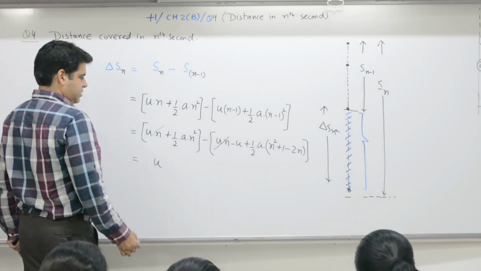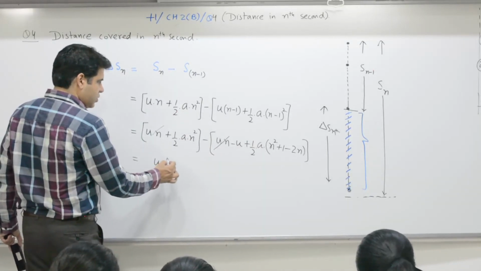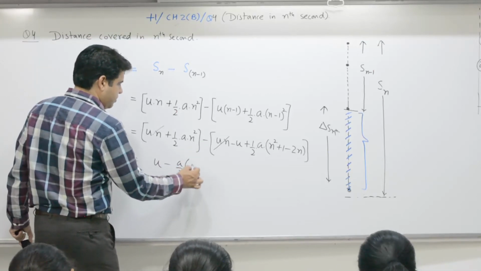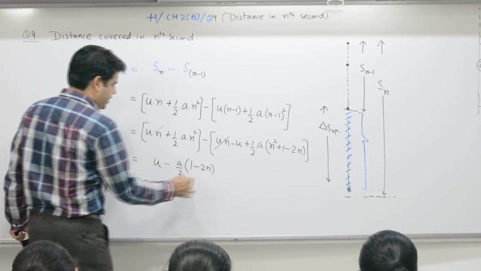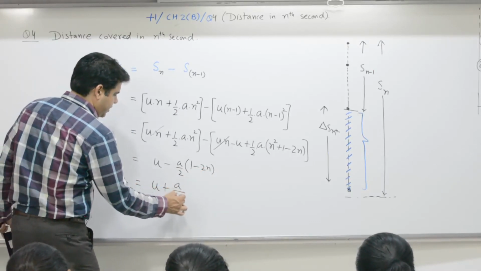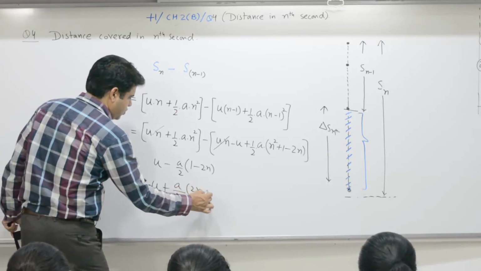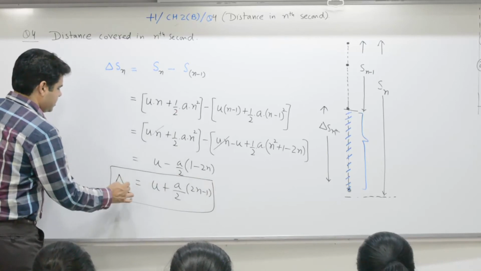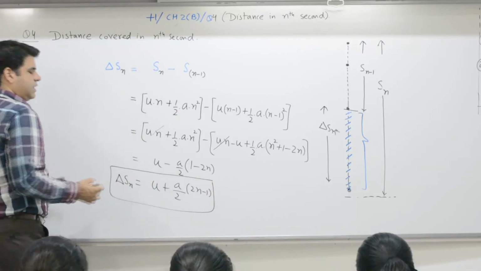What you get is u minus a by 2 times (1 minus 2n), or u plus a by 2 times (2n minus 1). This is the distance covered in nth second.